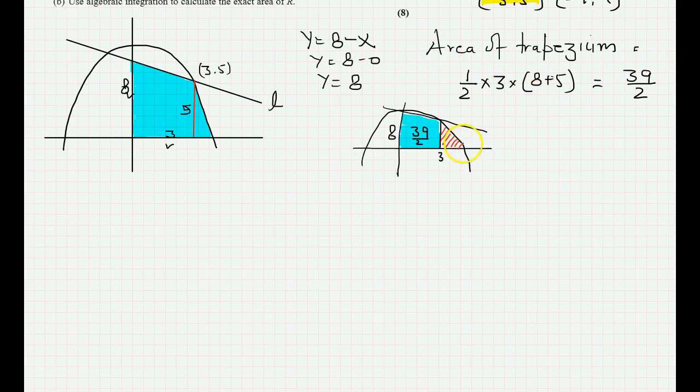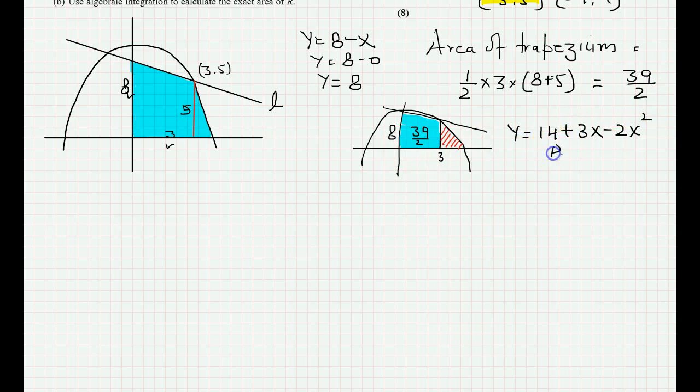The equation of this curve is y is equal to 14 plus 3x minus 2x square. To find the area under this curve, we must get this point also. So here it's intersecting the x-axis, so y is equal to 0.